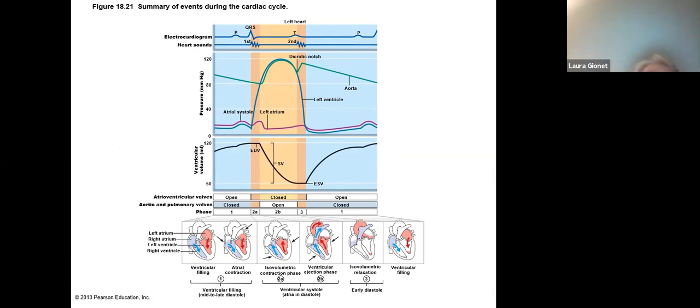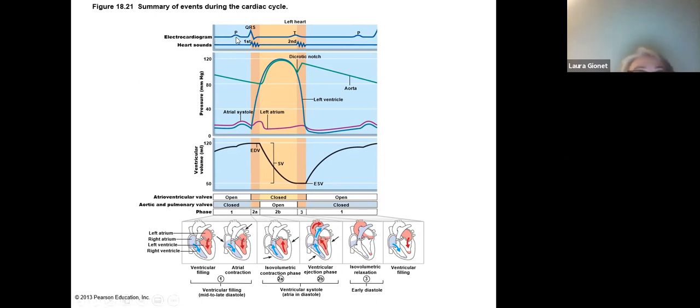As the atria contract, the pressure builds up maximally until the blood is moved from the atria to the ventricles, and as the atria relax, pressure decreases. The pressure increases maximally when the ventricles contract. They're ejecting blood to their respective vessels, and as that volume decreases, the pressure inside the chambers decreases.